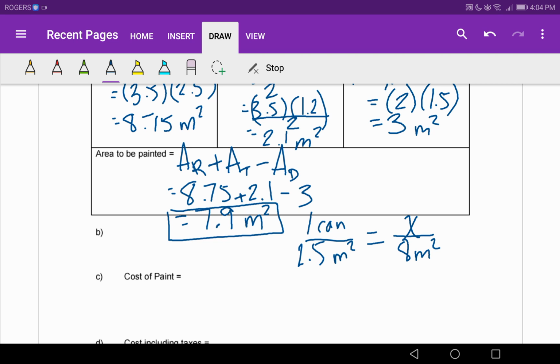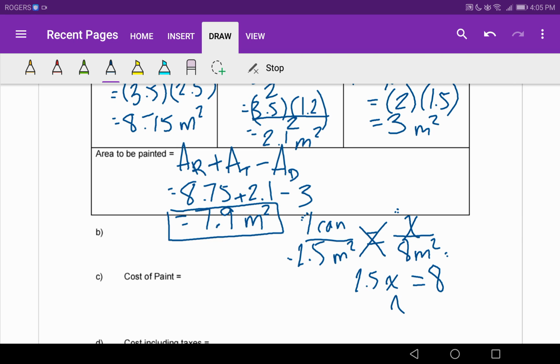Cross multiply. Okay, so do X times 2.5, which becomes 2.5x. X times 2.5 is 2.5x. And then 1 times 8. So 8. 1 times 8 is 8. Last step, divide out the 2.5. Okay, divide out the 2.5 on both sides.